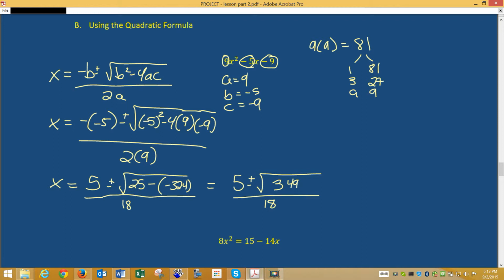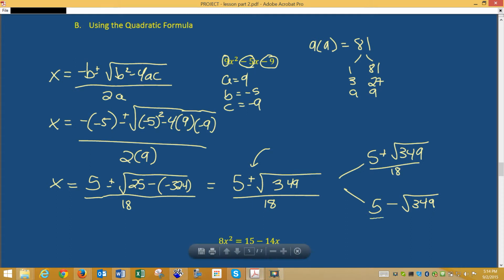Over 18. And now all that this plus or minus means is that we're going to have two answers. So we're going to have 5 plus the square root of 349 divided by 18, and we're going to have 5 minus the square root of 349 divided by 18. And the square root of 349, I'm just going to type that into my calculator, is about 18.78.